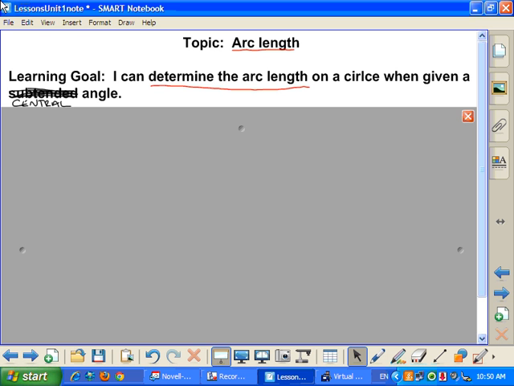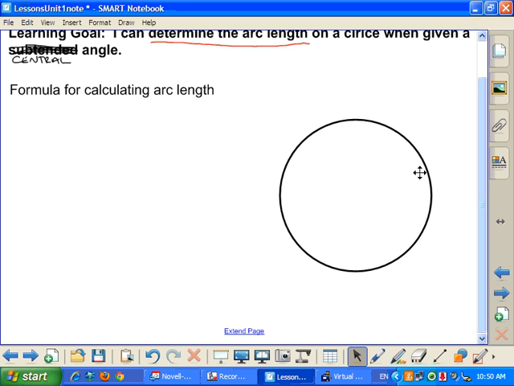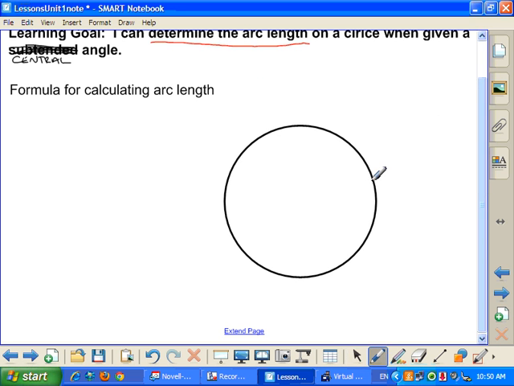All right, so here we go. Formula for calculating arc length. So we're looking at being given a radius. And for those that don't remember this, in a circle, if I start at this radius and I go all the way around and back to the start, that's 360 degrees.